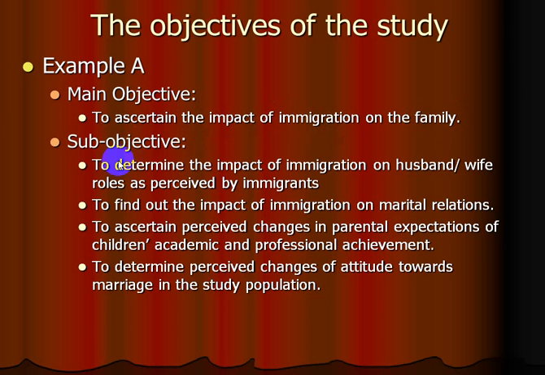Sub-objectives you can list down here: to determine the impacts of immigration on husband and wife roles as perceived by immigrants, to find out the impacts of immigration on marital relations, to ascertain perceived changes in parental expectations of the children's academic and professional achievement, and to determine perceived changes of attitude towards marriage in the study population.